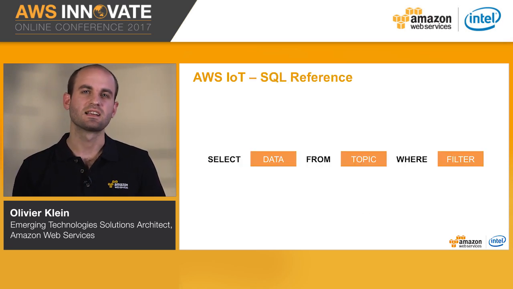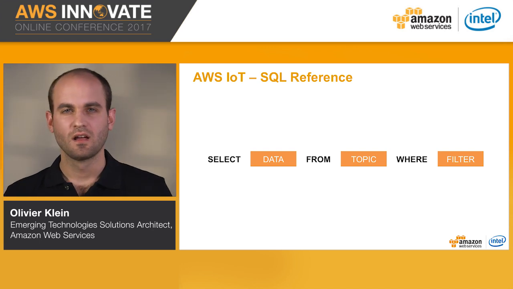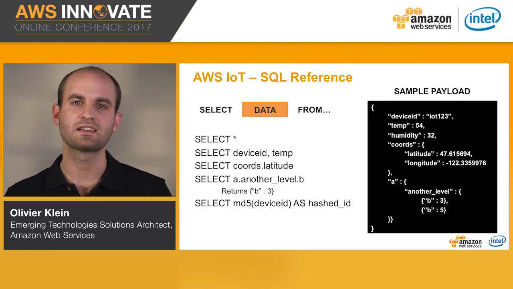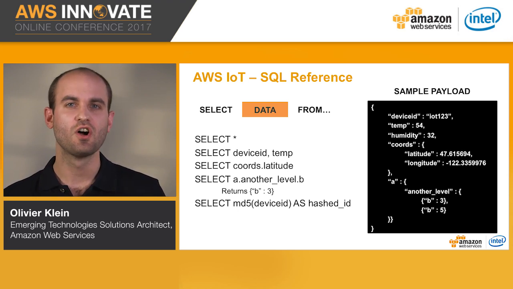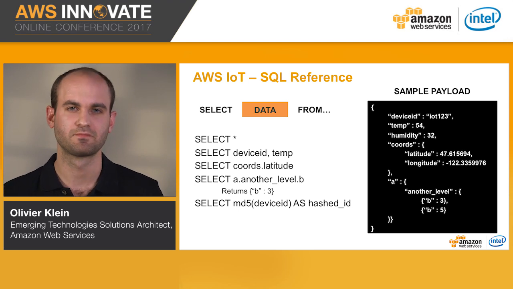The idea is that you select certain data from any of the topics and filter out only certain messages. The select statement can select all data fields in a message payload or only select certain properties, such as, for example, only picking out device ID or temperature, or even return an MD5 hash of the device ID.